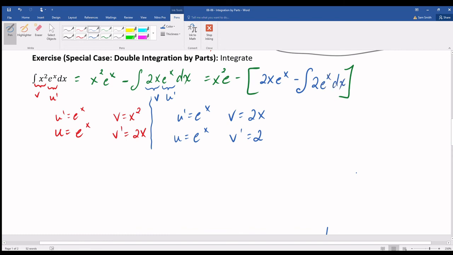As a result of doing integration by parts twice, I have finally arrived upon an integral that is easy enough for me to actually calculate directly.